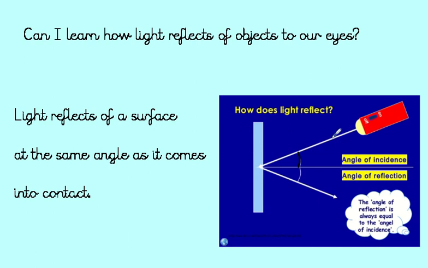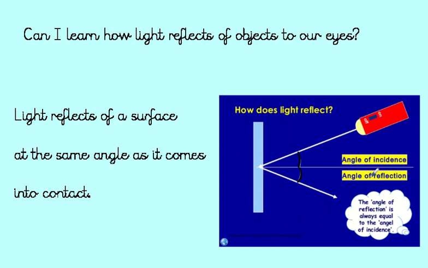So our light comes and hits the object at the angle of incidence because it's going at this certain angle here. And then it reflects. And it reflects off the object at the same angle that it came into contact with it. So this angle here is exactly the same as this angle up here, and it's called the angle of reflection.